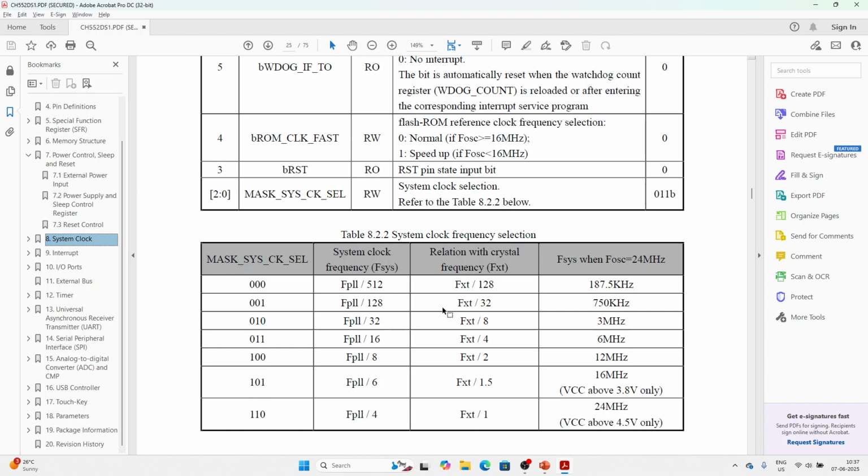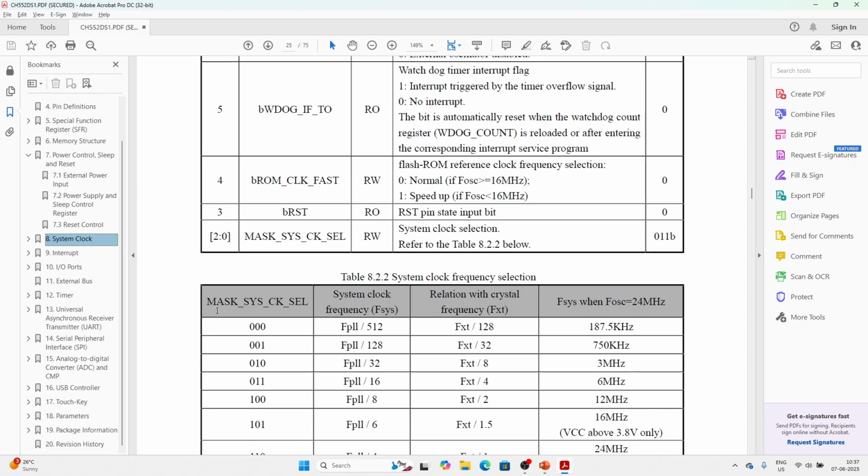So for CH552G, we need not worry about it, as it has internal clock. So here we have different mask system clock select.